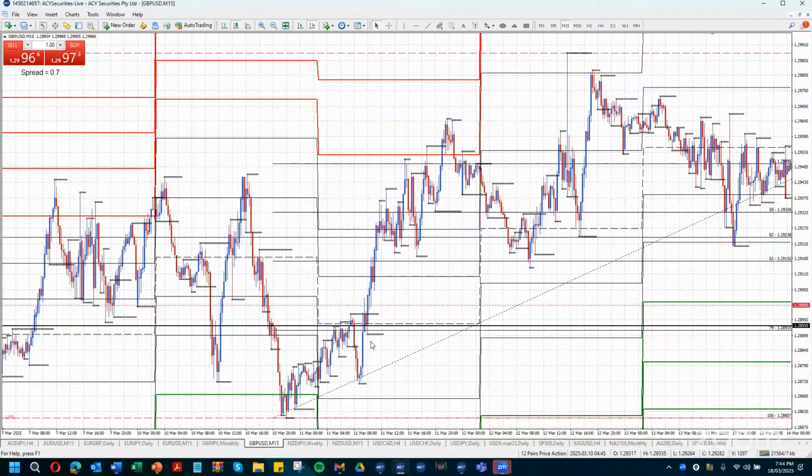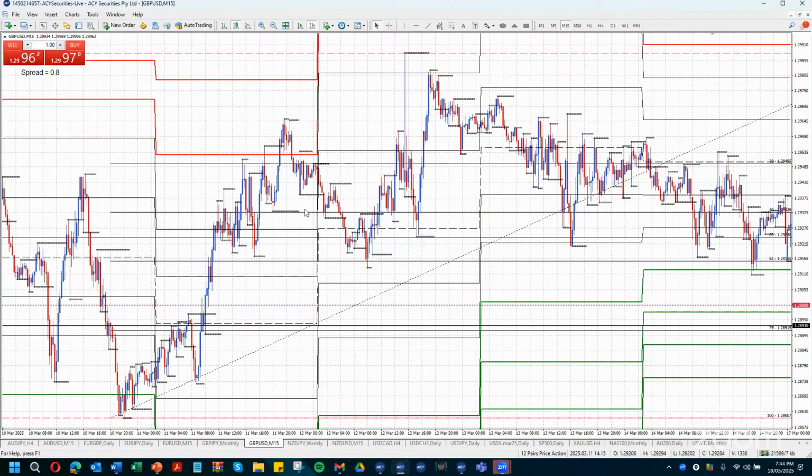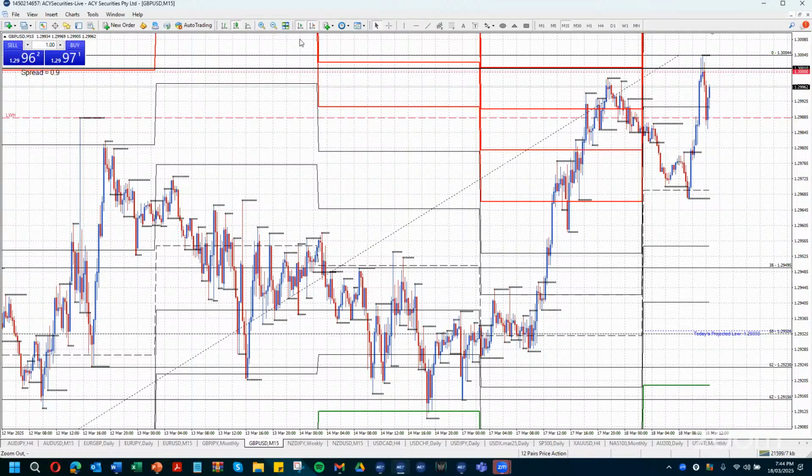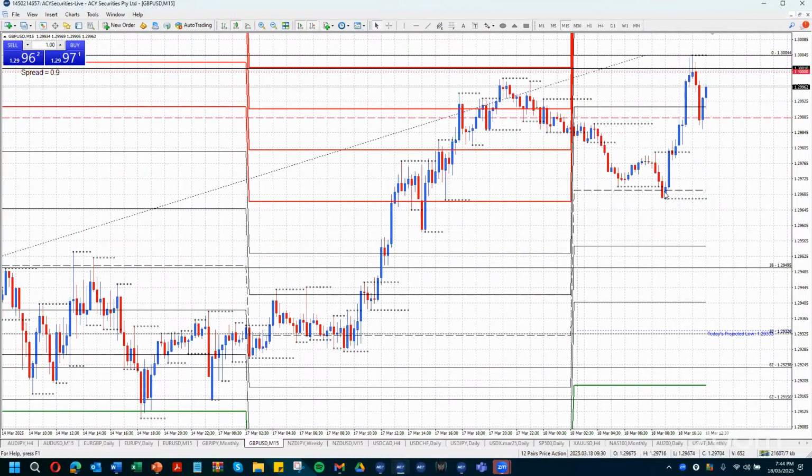I thought there was a central pivot point down here, but there's not. I just thought last week I was discussing a central pivot point in the pound, but I wasn't. But most definitely today, we can see there central pivot point support.